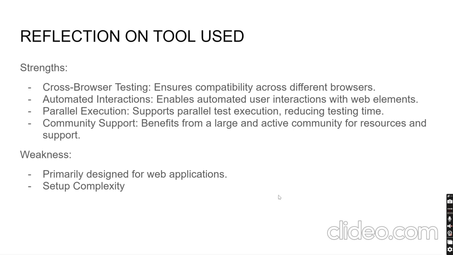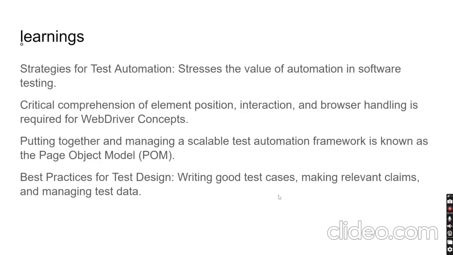Now proceeding towards the learnings from this automation testing. I have learned about strategies for test automation. We need to stress the value of automation in software testing, and a critical comprehension of element position, interactions and browser handling is required for the WebDriver concepts that I learned from Selenium use.